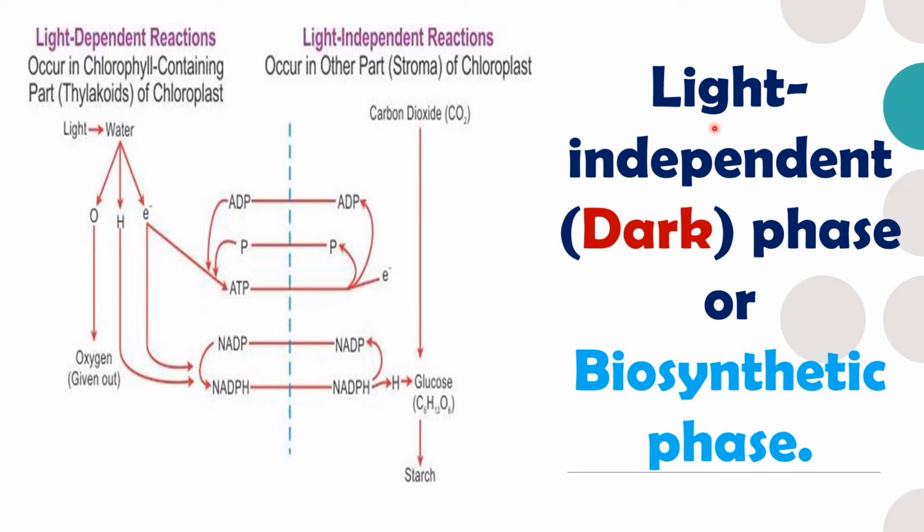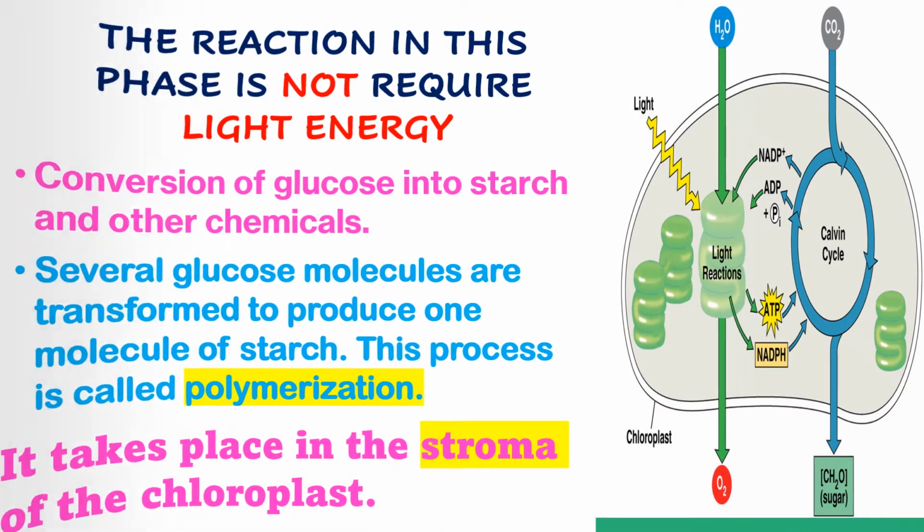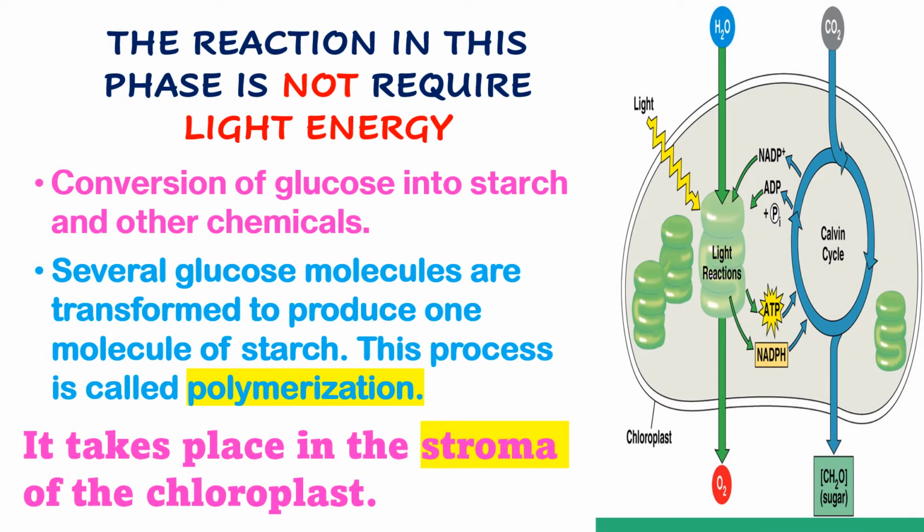The next phase of photosynthesis is light independent phase or dark phase or biosynthetic phase. Light independent phase, also known as biosynthetic phase, because food preparation occurs in this phase. The reactions in this phase do not require light energy.